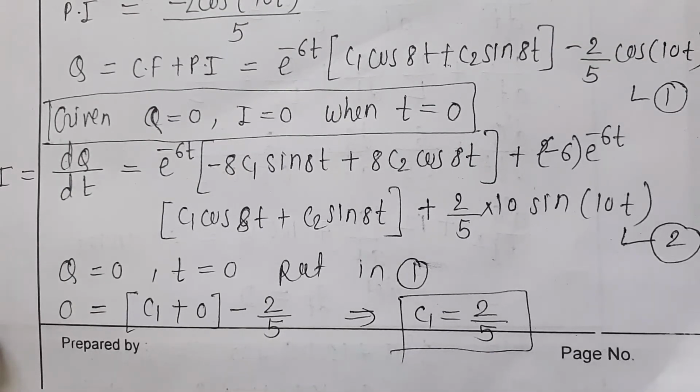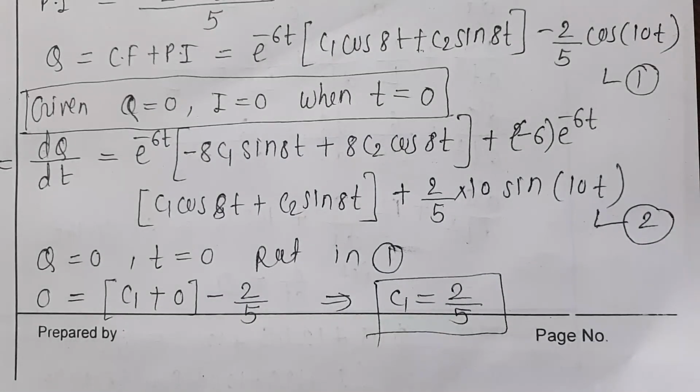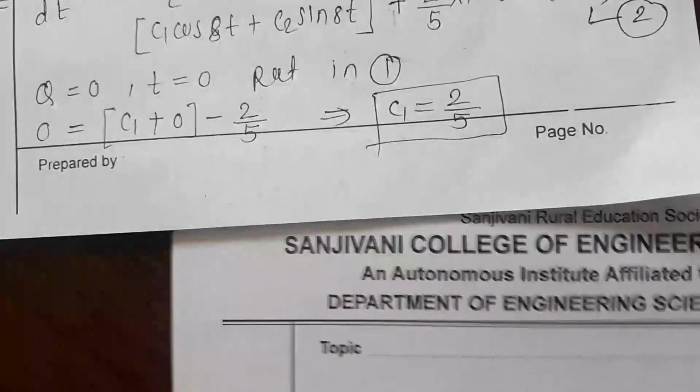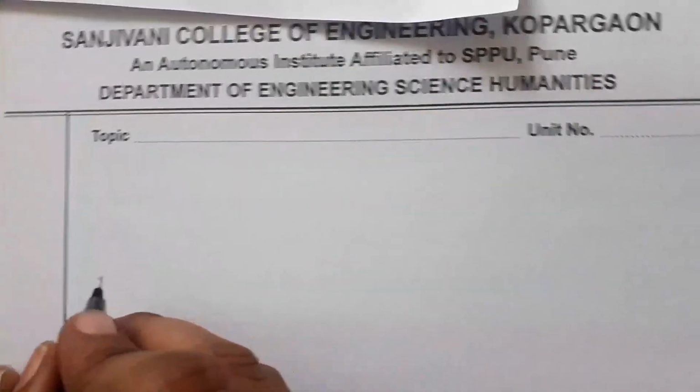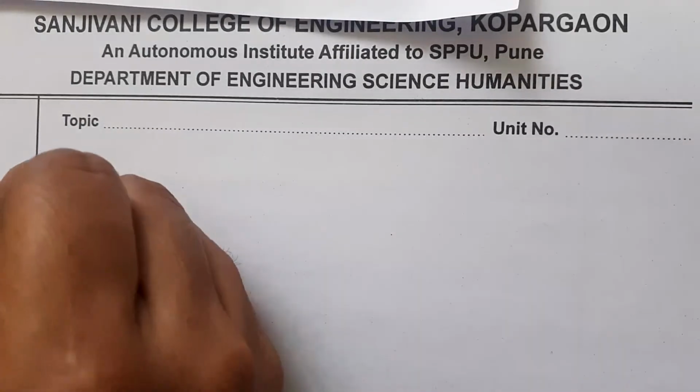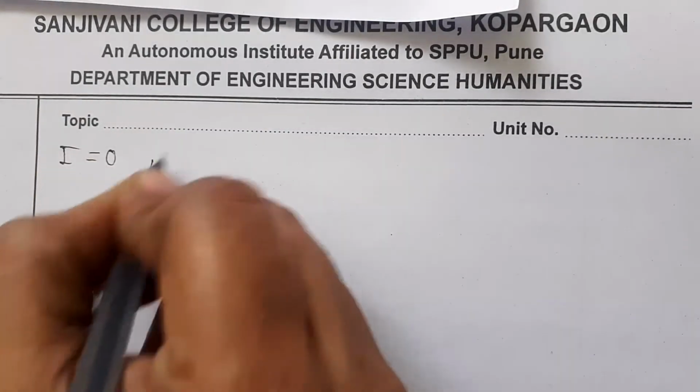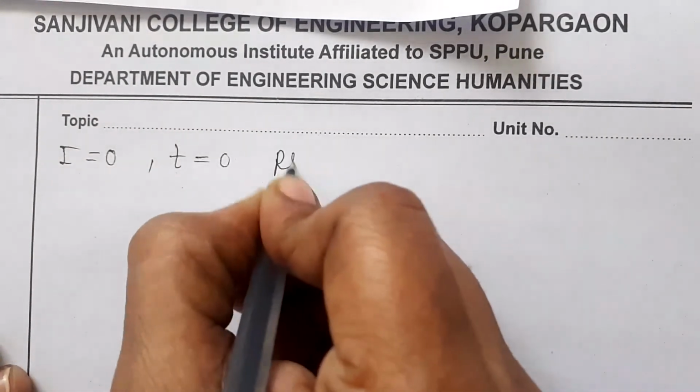Now the next condition is I equals 0 when t equals 0. Put it in equation number 2.